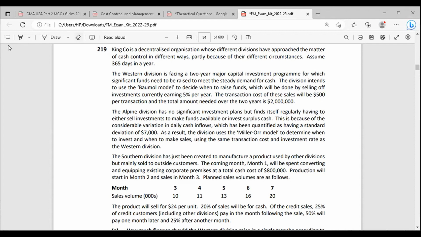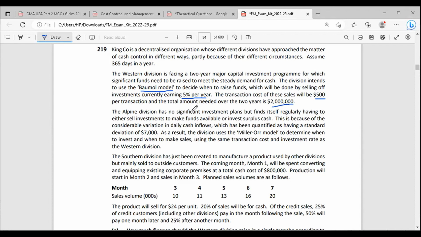That has to be assessed by Baumol's model. The transaction costs are given as 500 per transaction. The total demand during the 2 years period is 2 million.